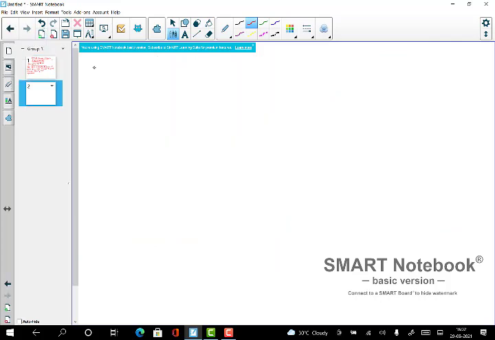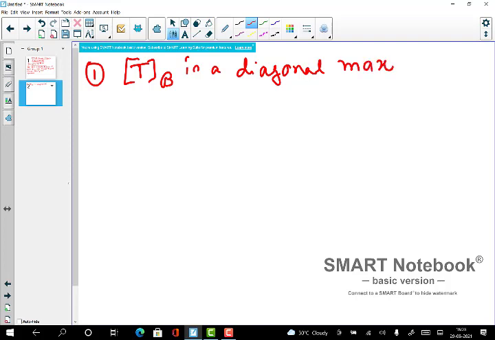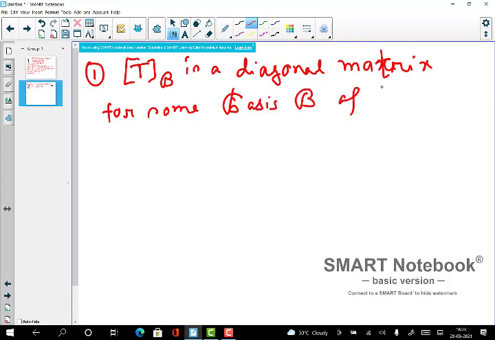Number one is that the matrix of T with respect to B is a diagonal matrix for some basis B of V over the field F. I hope we know the meaning of a diagonal matrix.